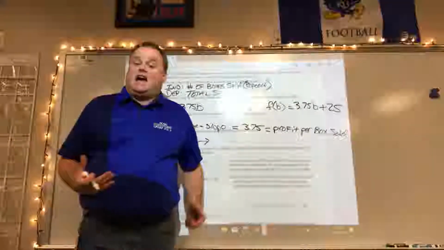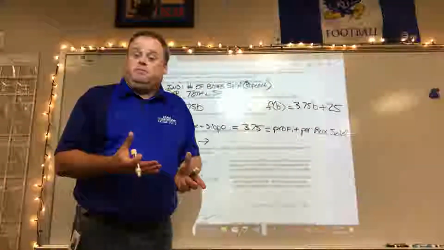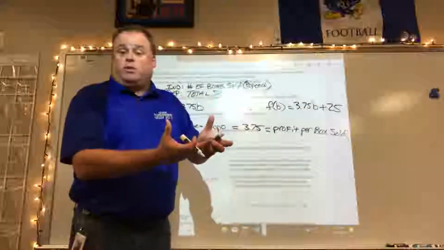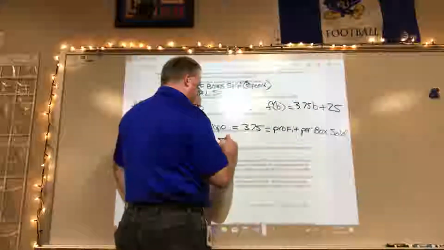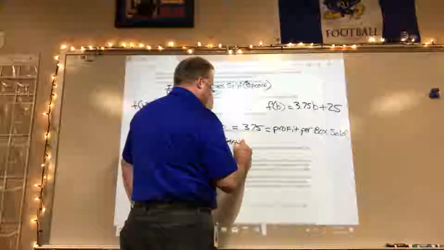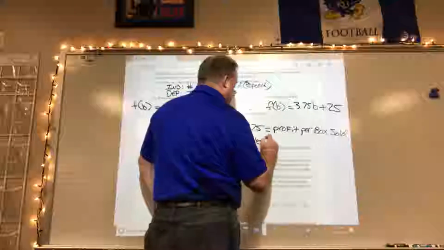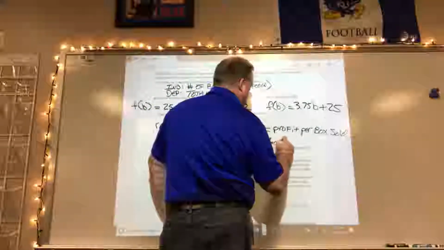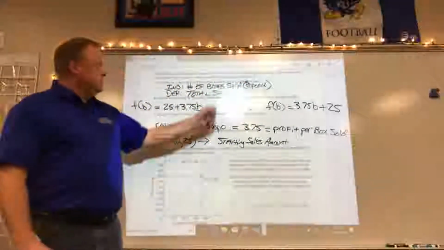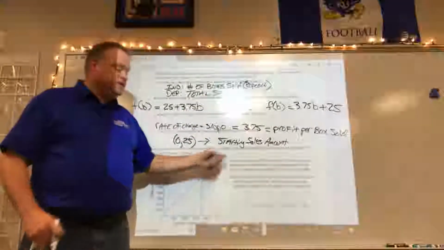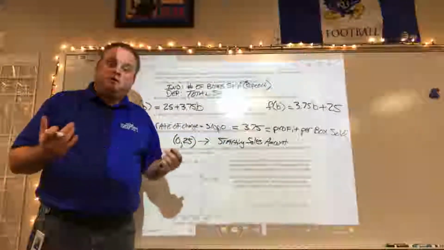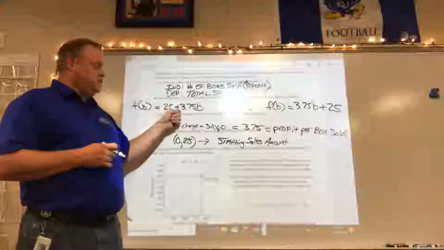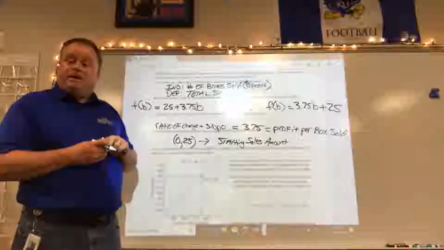Well, it represents how much sales I have at the starting point. They're giving us a credit of $25. So this is my starting sales amount, right? It's my starting sales because I'm trying to find total sales. So this is my starting amount. All right. So remember this function right here, 3.75b plus 25.